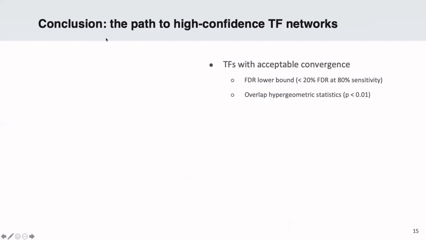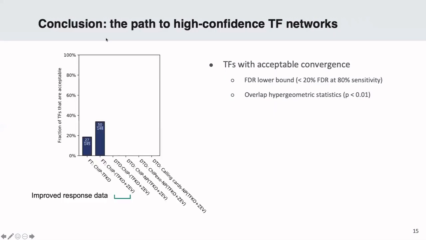In our journey to search for convergent evidence from TF binding location data and TF perturbation response data, we started by defining two criteria for a TF to show acceptable convergence. One is an FDR lower bound of 20% at a sensitivity of 80%. And second, we require the overlap of the bound set and the responsive set to be statistically significant.